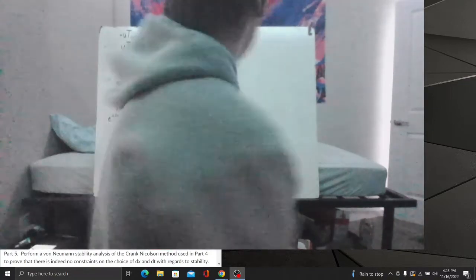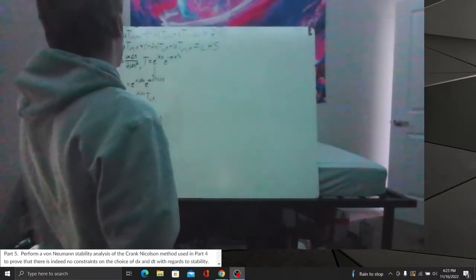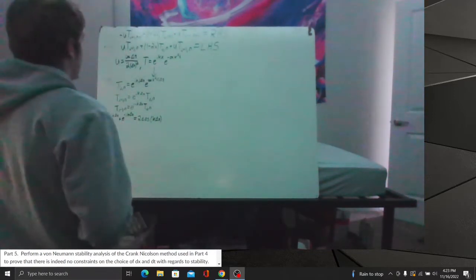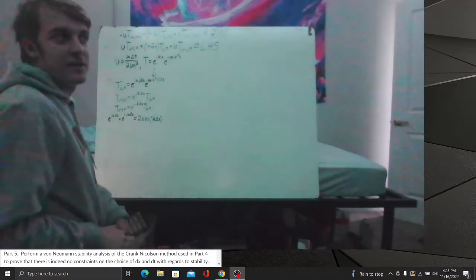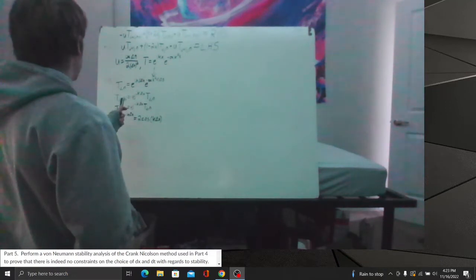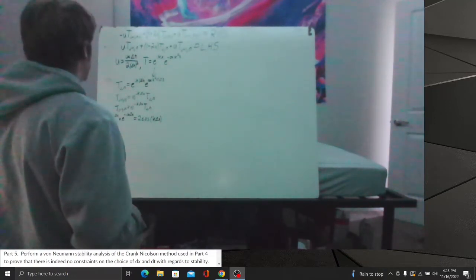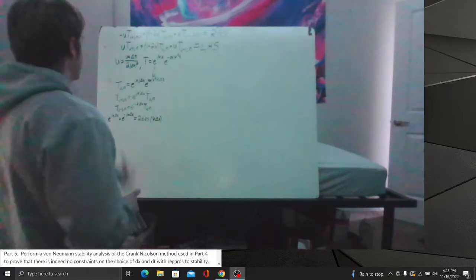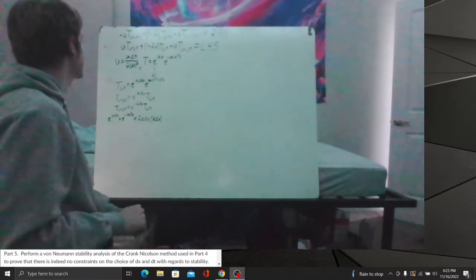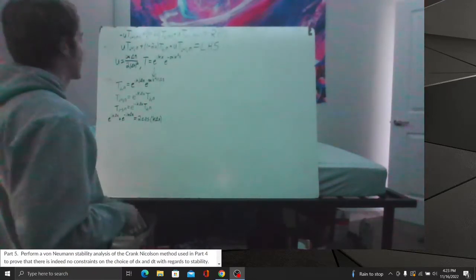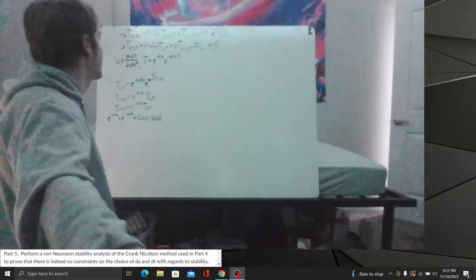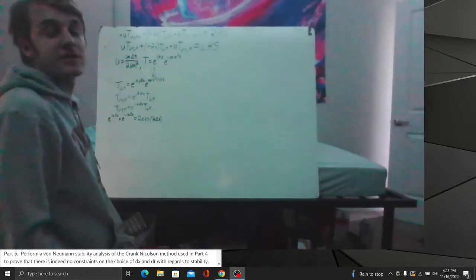As you can see on the board, I have our equation from the last video, and then I also have the equations that we derived in the third part of this series for T_j^n, T_{j+1}^n, and T_{j-1}^n. If you don't remember how we got those, you can look back at the third video in this series. But all this is going to help us perform this von Neumann stability analysis on the Crank-Nicolson method.